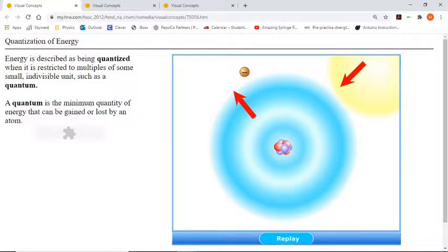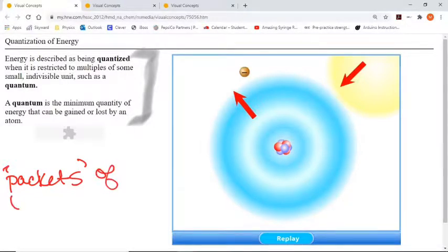Make sure that you get the definitions that are right over here for quantized and quantum if you don't already have those. And they were mentioning these packets over and over, trying to get you to think about the energy that is coming out. So the packets of energy emitted from light.